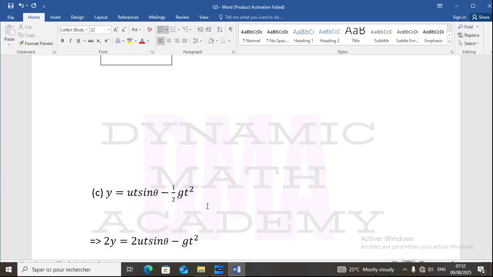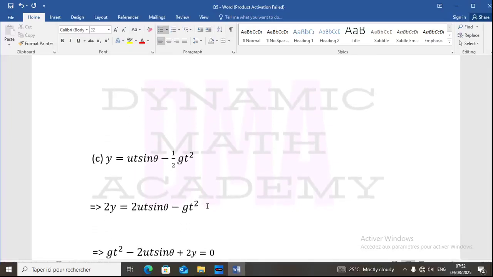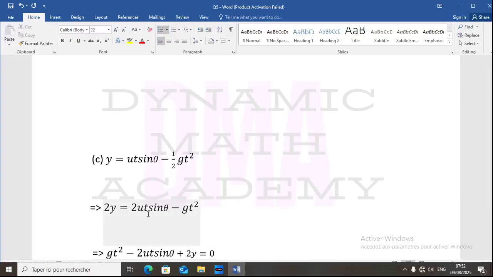Now what you do next is bring this negative g t squared to the left hand side, it is going to be positive g t squared, and minus 2u t sine theta will be on the left as well.